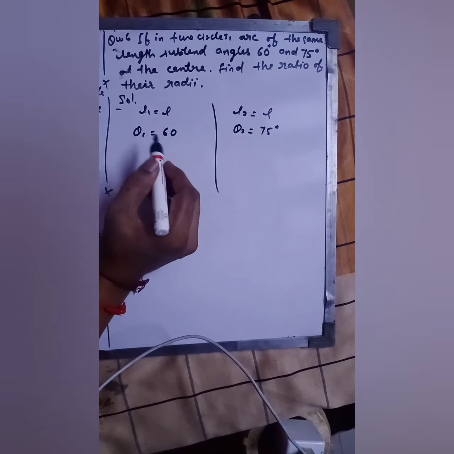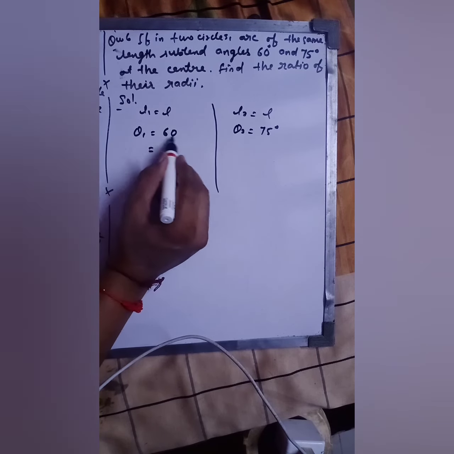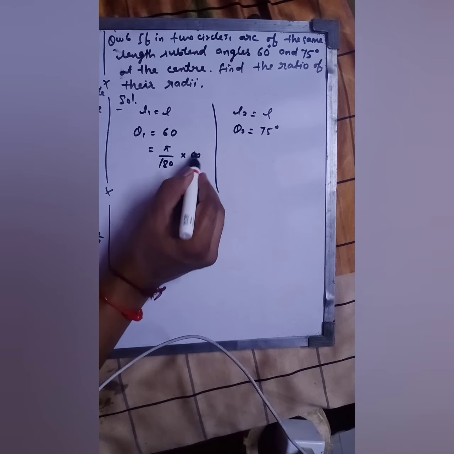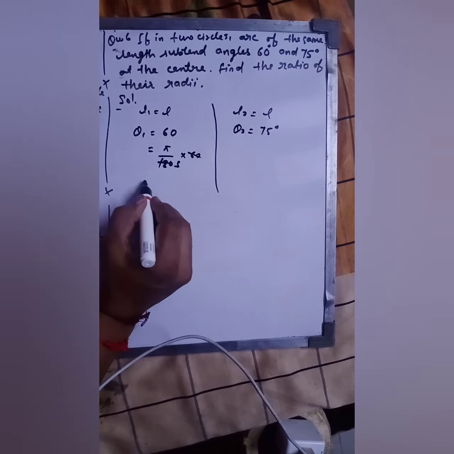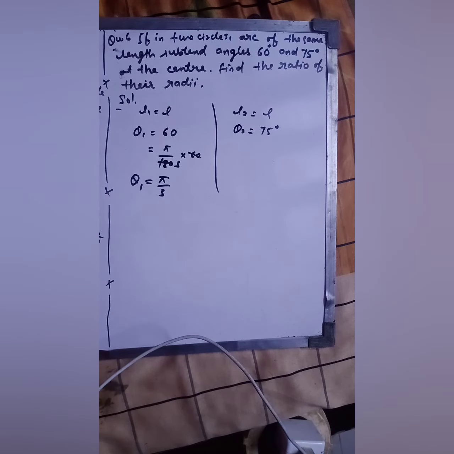Fine. So here I told you, if you have to apply the formula L is equal to r theta, this must be in radian. So what I am doing, I am converting this into radian by multiplying this by pi by 180 into 60. So this 60 and this will cancel out, and you will get pi by 3. So here your theta 1 is pi by 3.